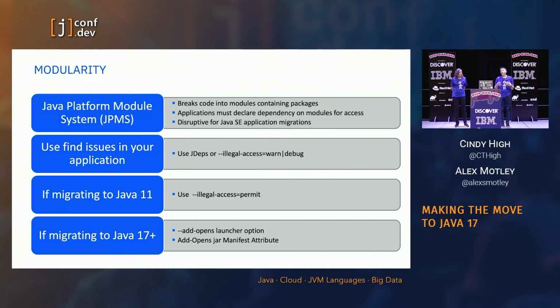Obviously the ideal scenario would be that you stop using the illegal access, and there are some tools you can use to do that, either JDeps, or you can set the illegal access flag to warn or debug just to see where in your application this is used, and we'll show that in a bit. The other option, if there is something that you can't remove, that you really need to continue to use, is to open that module using the add-opens jar launcher option or jar manifest attribute to be able to still access those in your application.